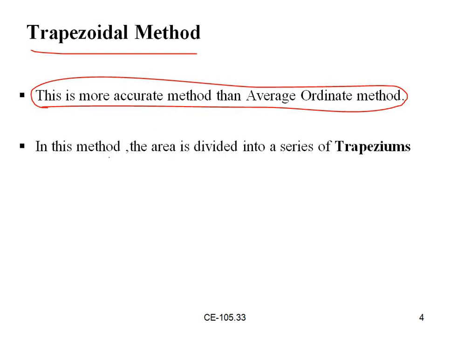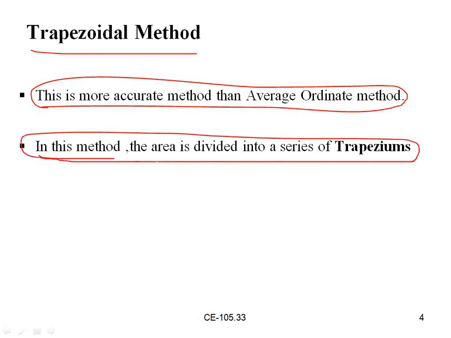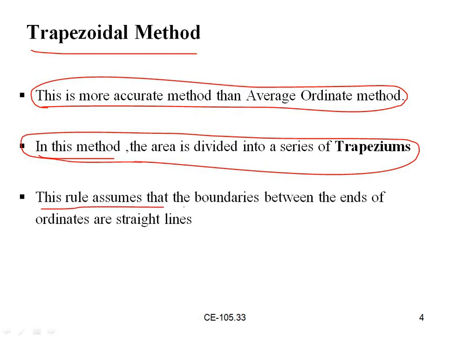So let us check. In this method, the area is divided into a series of trapeziums. This rule assumes that the boundaries between the ends of ordinates are straight lines. In the average ordinate rule, we took the ordinates between the intervals as perpendicular offsets, but here the boundaries between the ends of the ordinates will be straight lines.